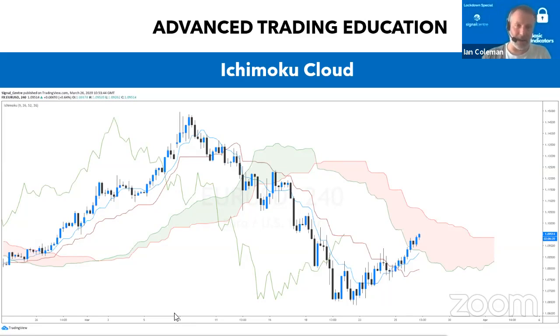So here we've got the Ichimoku cloud, same slide as before. What I like is the depth of the cloud. Okay, so if you've got quite a deep cloud to the upside, then this level here is the resistance, and this is resistance here. So the deeper the cloud, the more resistance.